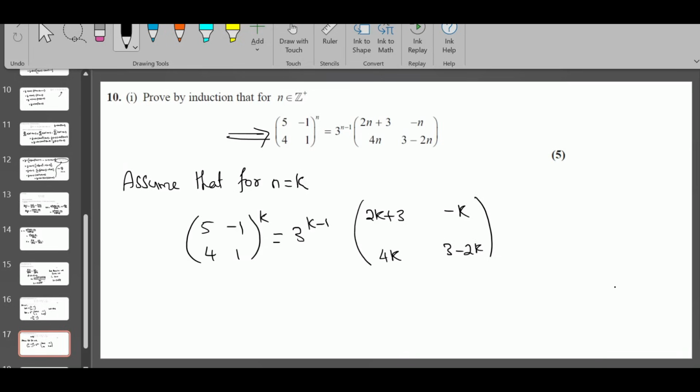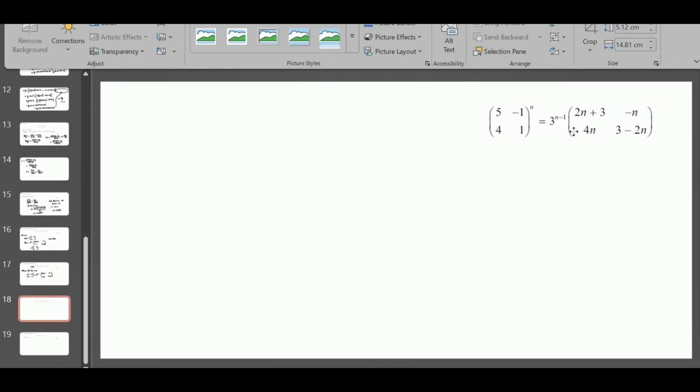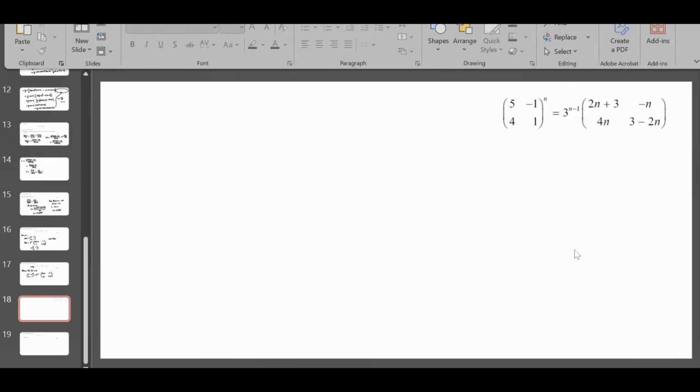Now we are going to prove it for k plus 1. So write for n equal to k plus 1. Take the left hand side of the equation. LHS is equal to 5, minus 1, 4, 1 to the power k plus 1. Do not write it equal to this, because that's what we are trying to prove.